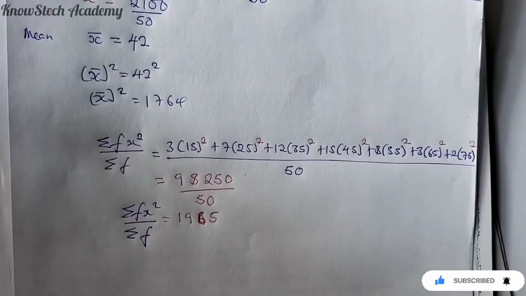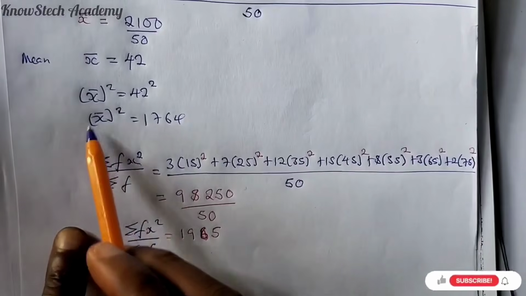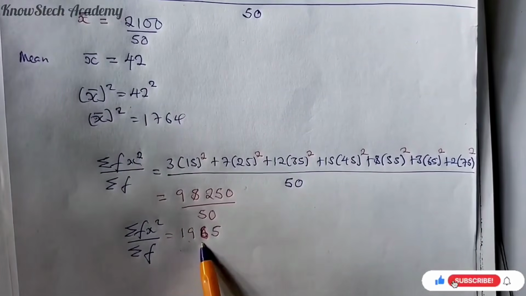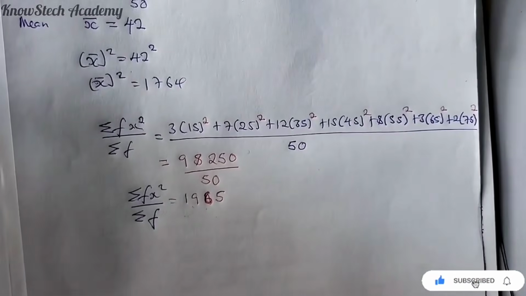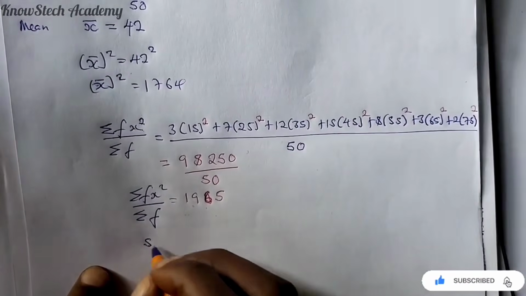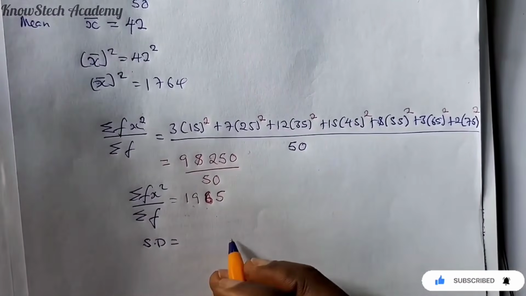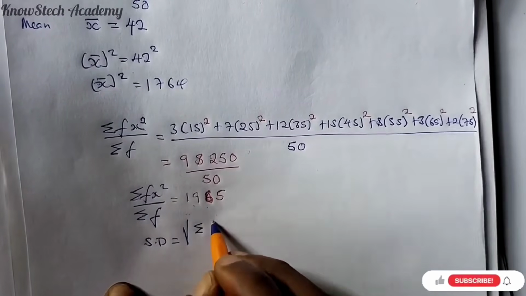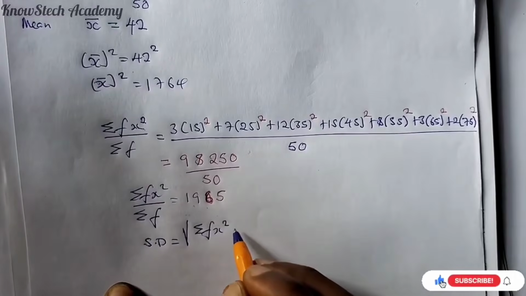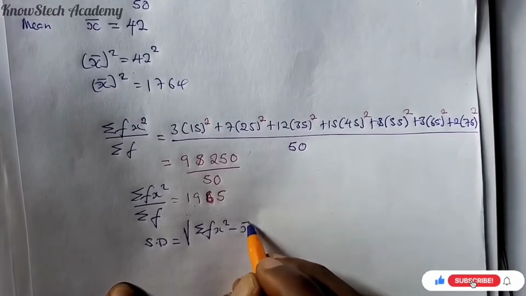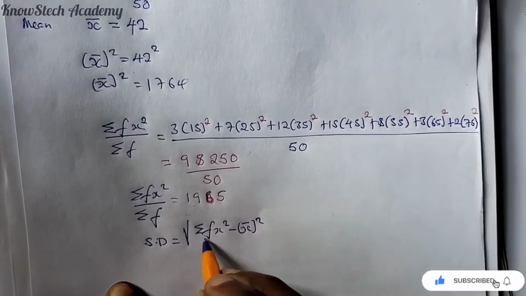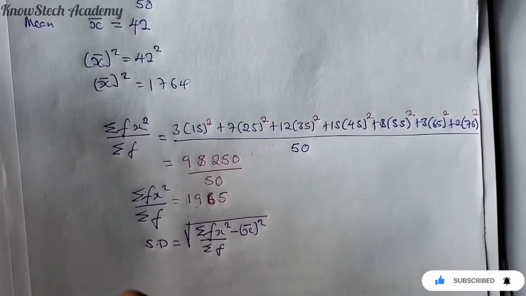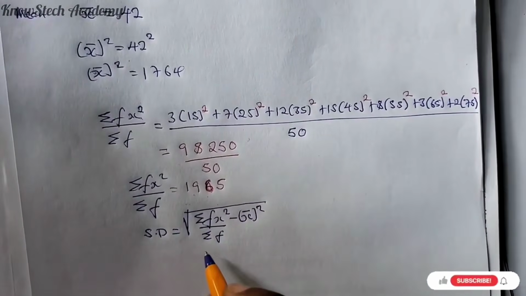Total frequency. Now, having found the mean x squared, we can calculate the standard deviation. We can write SD is equal to the square root of the summation of fx squared over summation of f minus x mean squared. Now let's substitute what we have.